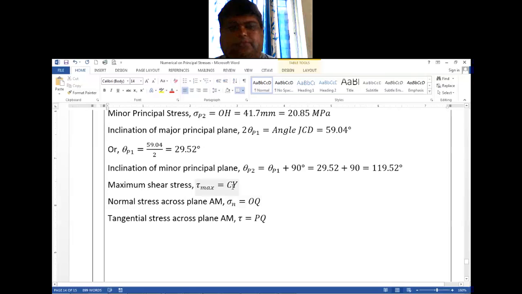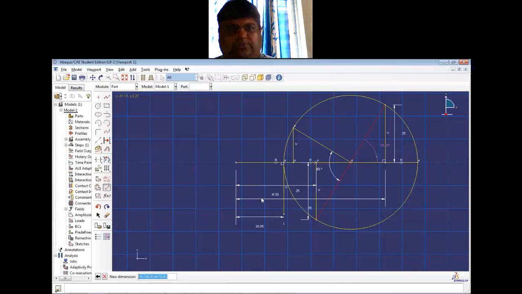Then maximum shear stress is Cy, which is equal to, let me measure this. Now I don't have Cy there. Let me just draw a line like this and then dimension that.